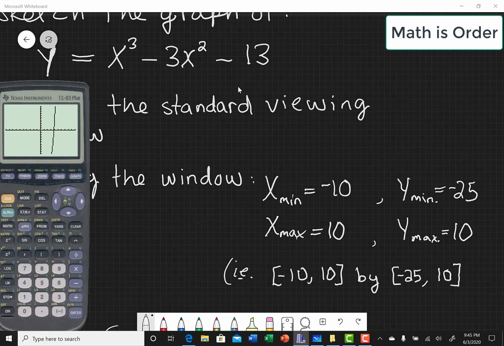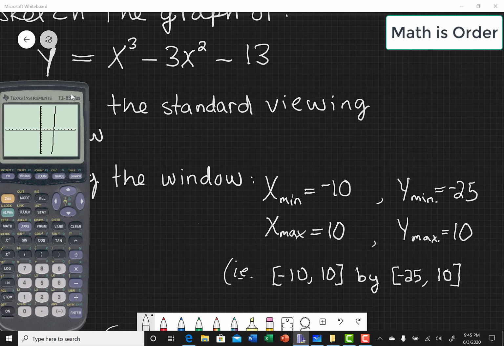And I know this because I'm familiar with various common equations and how their graphs should appear. So before you start using a graphing calculator to graph equations, just know what the general shape of the equation should look like. All right? Be familiar with some of these common equations.